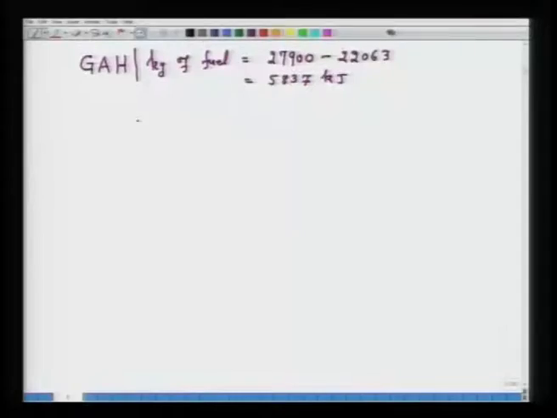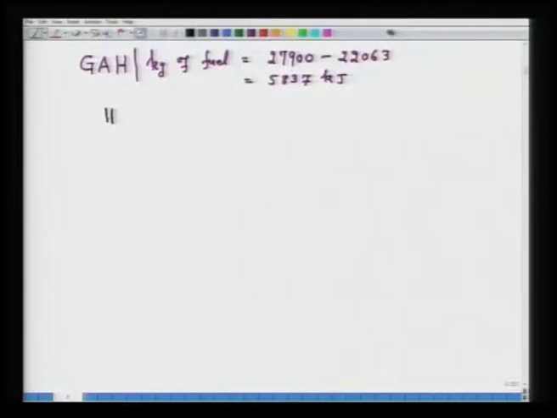Now, if you just do a little simple calculation, then you will note that out of the calorific value of the fuel, that is 27,900, the heat carried by POC, if I just calculate in percent, is equal to 22,063 upon 27,900 into 100.